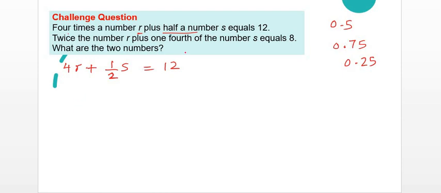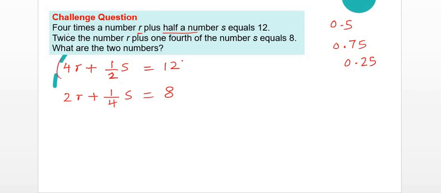Okay, the second equation says twice a number, so it's 2 times r plus 1/4 s, which is 1 over 4s, and it is equal to 8. Now, if we have any fraction in any of the equations, the first thing we do is try to get rid of those fractions. How can I get rid of these fractions?